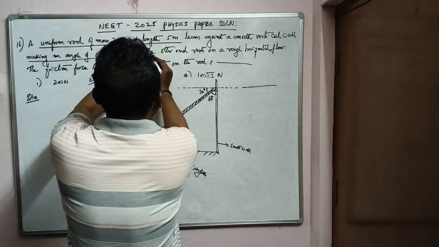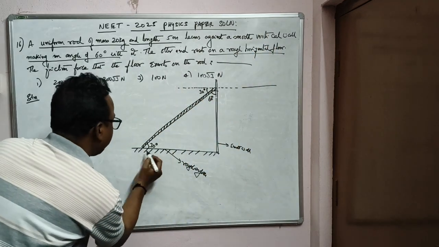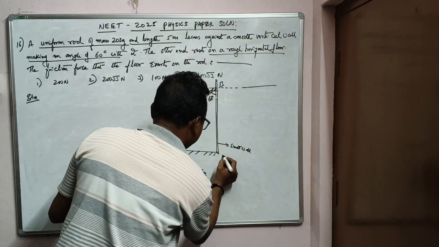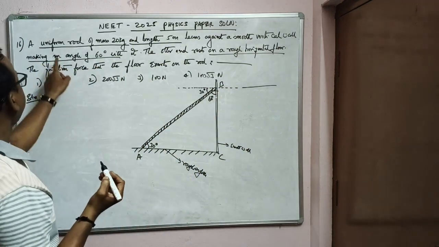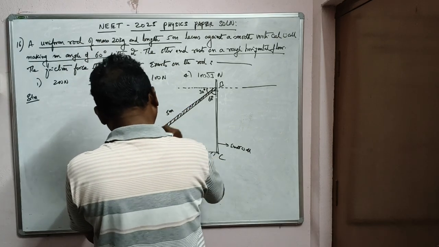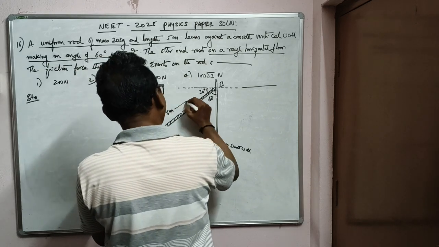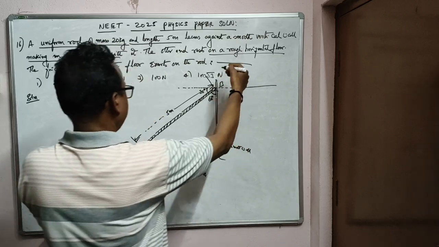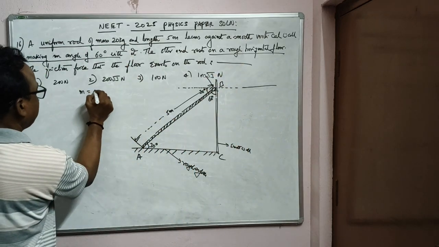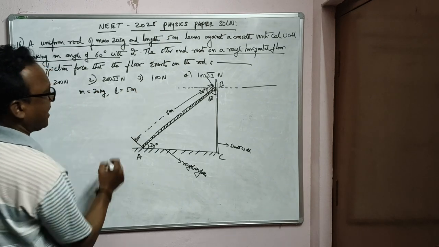Now what is the other thing? The other end rests on the rough surface. So I will take one end as A, this one as B, and this one as C. The length is given as 5 meters. You can see this length of the rod is given as 5 meters, and the mass is given as 20 kg.